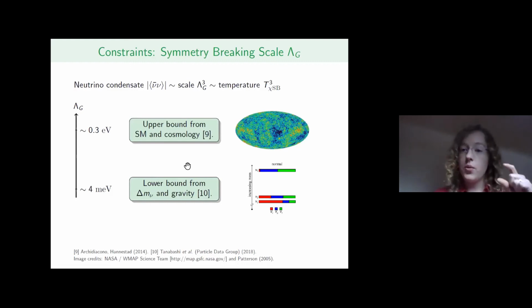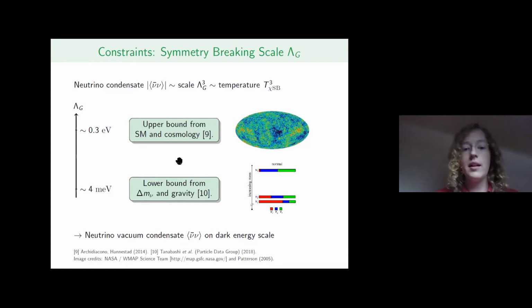And now we see there's only this small window left open, and we observe that we get a neutrino vacuum condensate, nu bar nu, in this regime. And we see that it's numerically coincident with the scale of dark energy. Dark energy has an energy density in the universe of around millielectron volt to the power of 4. So this is precisely the energy scale that we are looking at.